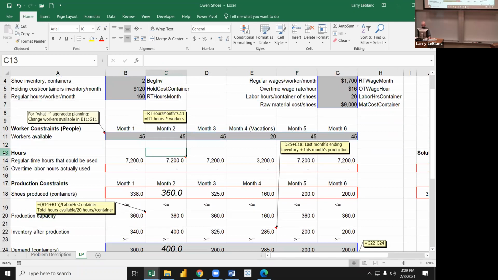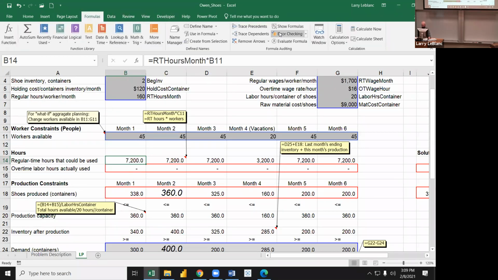The hours section. How much regular time hours do we have available? Let's check those calculations. 160 hours per worker per month on average, multiplied by the number of workers.